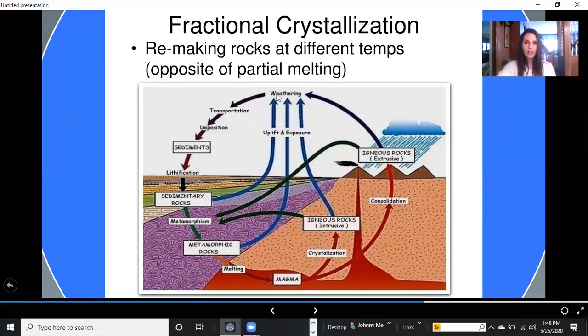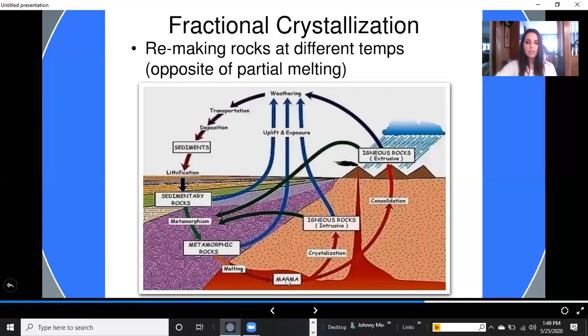So you see here we have weathering, and then they get transported and deposited into sediments, and then lithification happens, and we have sedimentary rocks here. Then as they go deeper beneath the surface and more pressure is applied, we get metamorphism, and that turns into metamorphic rocks. It's getting hotter and hotter, the pressure is more and more, so those metamorphic rocks melt, and they turn into magma.